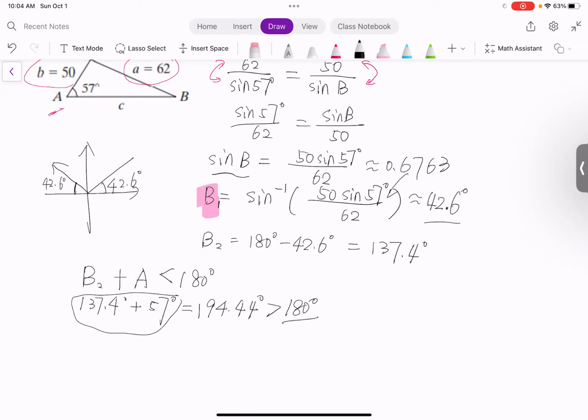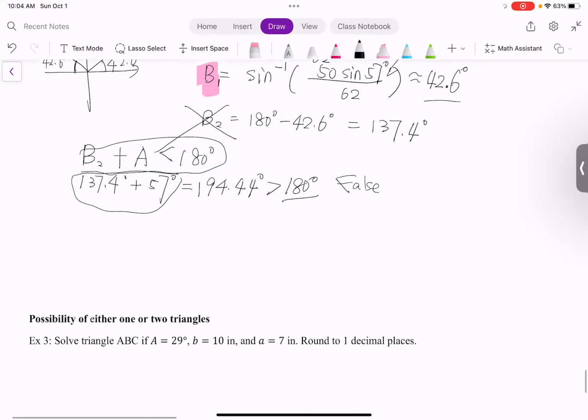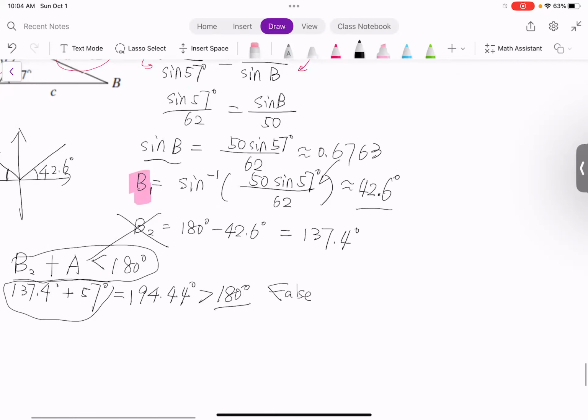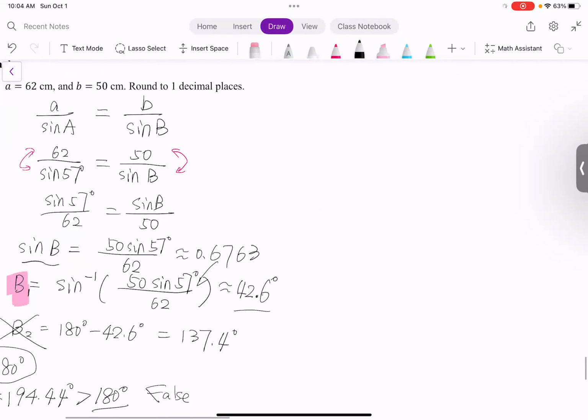I cannot construct this kind of angle. So there is no such obtuse angle that satisfies this condition. So this is a false statement. I have only one angle, which is B equals 42.6.